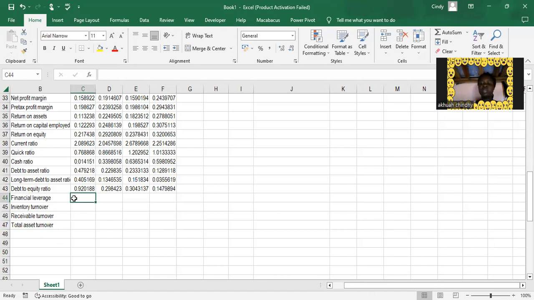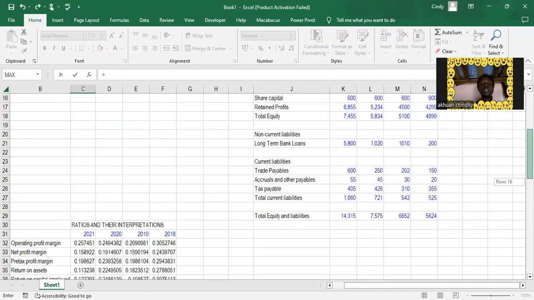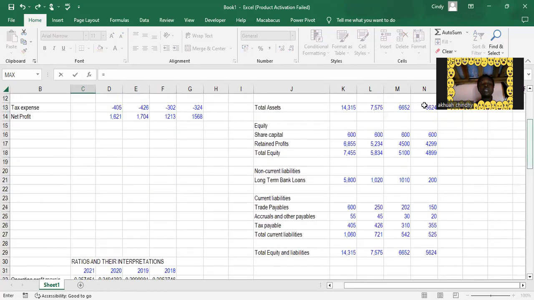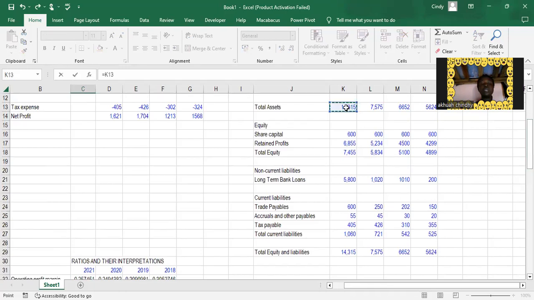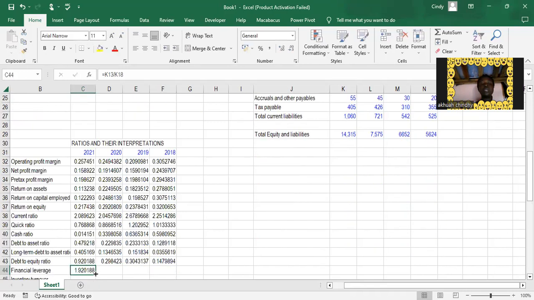The formula is total assets over shareholders' equity. So we'll move on to our balance sheet. We'll pick our total assets, then we'll divide by our total equity. Then we'll move it across the years.